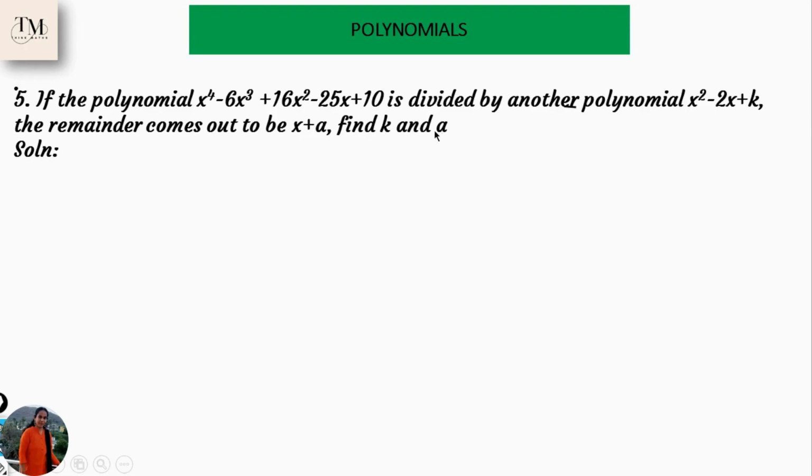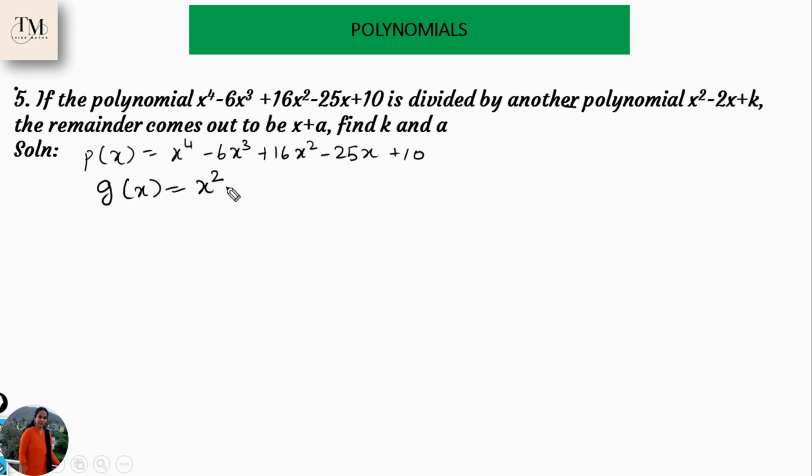Okay, so let me take the given polynomial as p of x. So p of x is equal to x power 4 minus 6x cube plus 16x square minus 25x plus 10. They are dividing by a polynomial g of x, which is equal to x square minus 2x plus k.